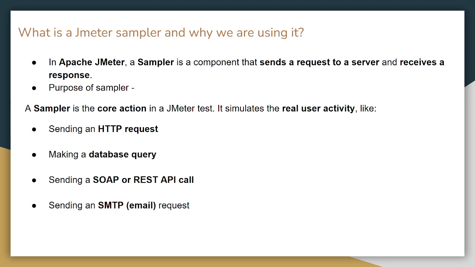Then the JDBC request lets you execute SQL queries on a database. The FTP request uploads and downloads files from an FTP server. The SMTP sampler sends email using the SMTP protocol. The Java request calls a Java class. Okay, these are some of the basic samplers, and you can add them from the thread group by selecting add sampler.